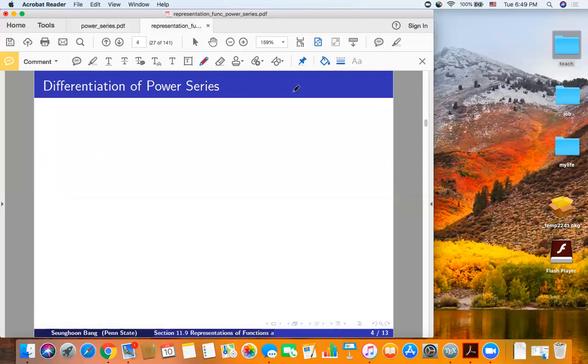The next one: differentiation of a power series. How can you take the derivative of the power series, the summation n equal to 0 to infinity of c_n times x minus a to the power n? Here, I'm going to use the expanded form.